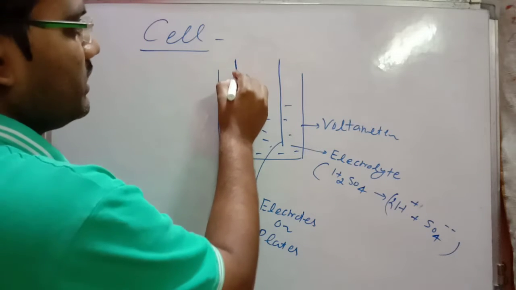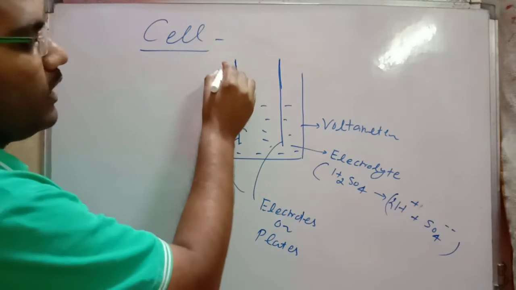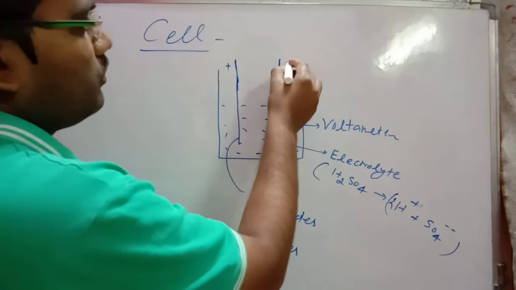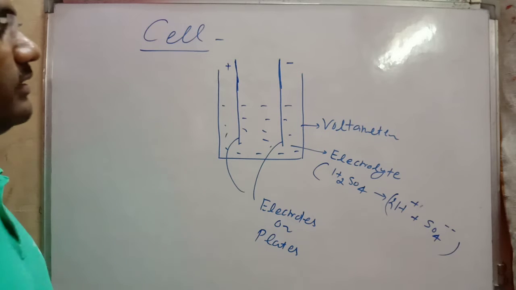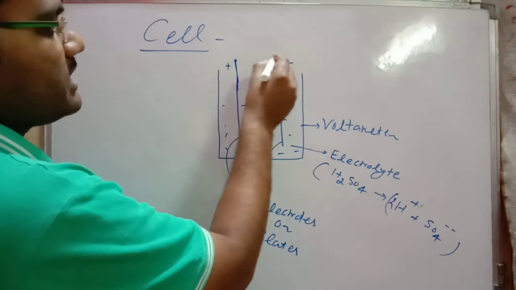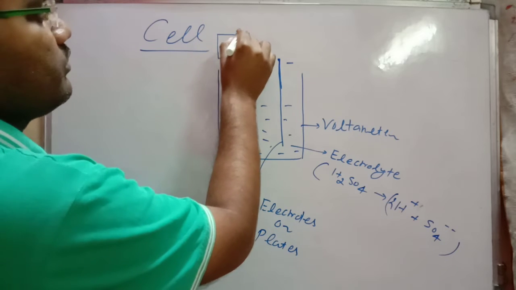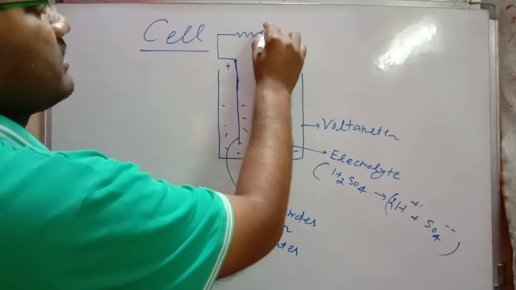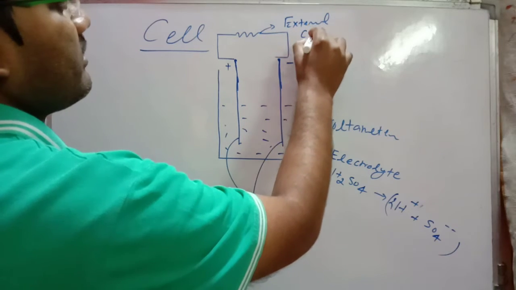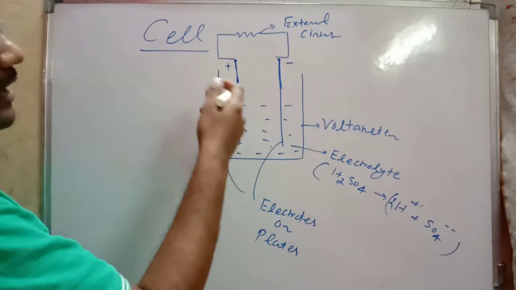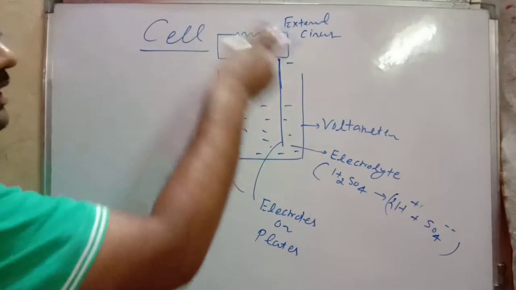That means one plate has positive potential and the second plate has negative potential. When these plates are connected across any external circuit, the circuit becomes complete and there is a current flow from the positive terminal to the negative terminal.